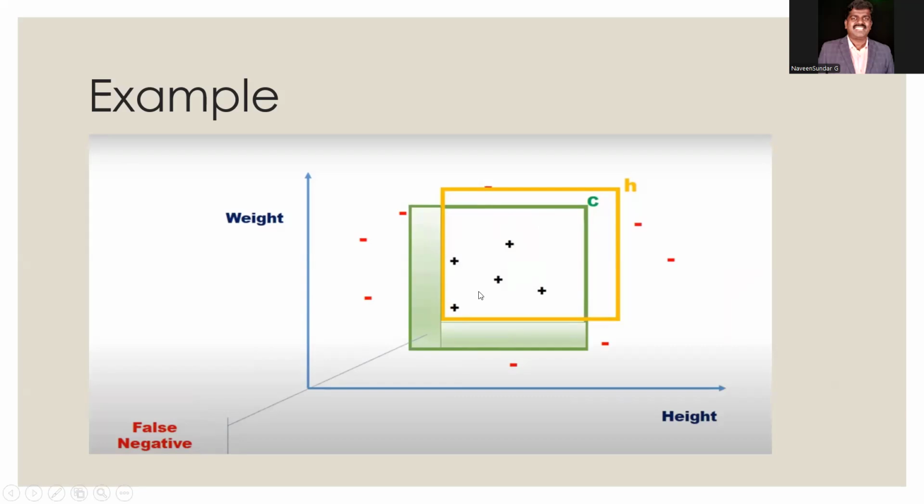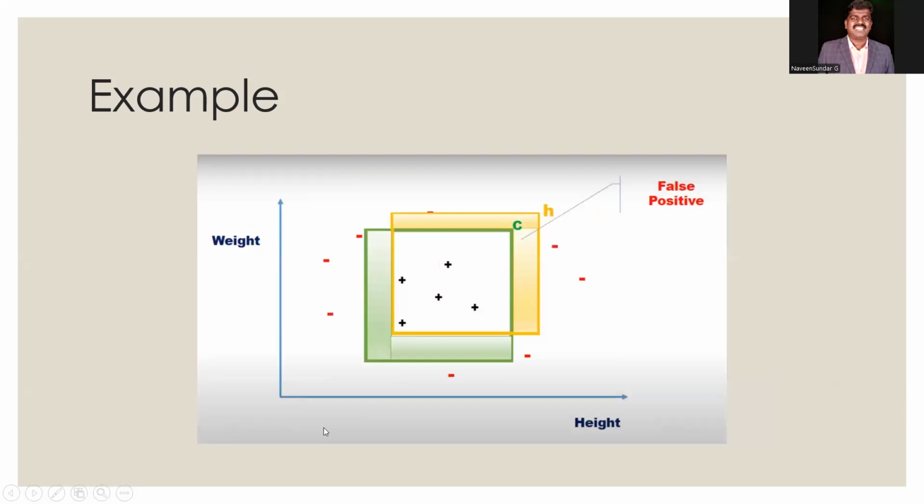For example, if a plus is coming here, it will feel that it is correct, but actually it is not correct. That's why we say this is the false negative, and this is the false positive. Mainly, the rectangle which exceeds the point, or otherwise is reduced, is the time we say false negative.